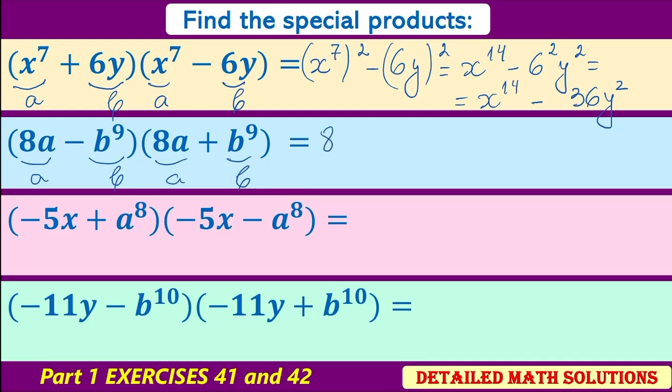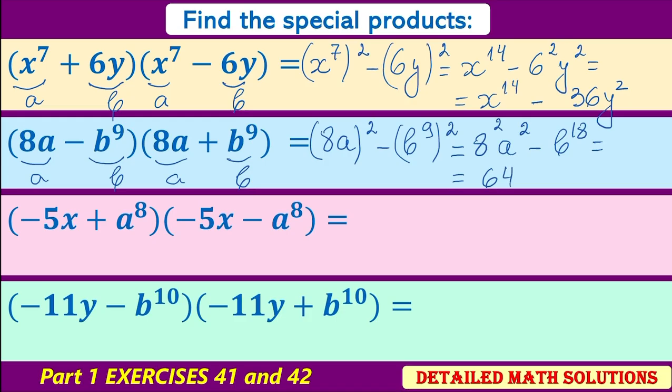When I apply the formula, this equals 8a squared minus b to the 9th power in parentheses squared. This simplifies to 8 squared a squared minus b to the 18th power, which equals 64 a squared minus b to the 18th power.